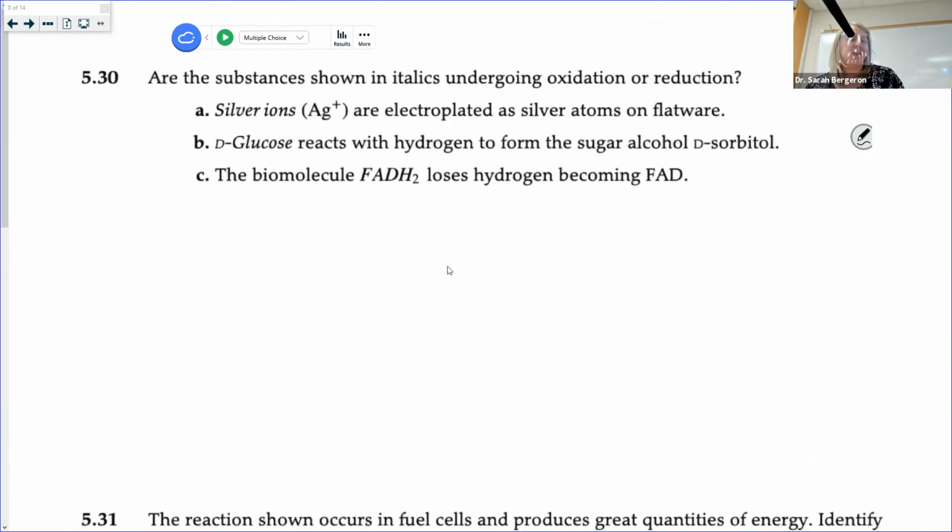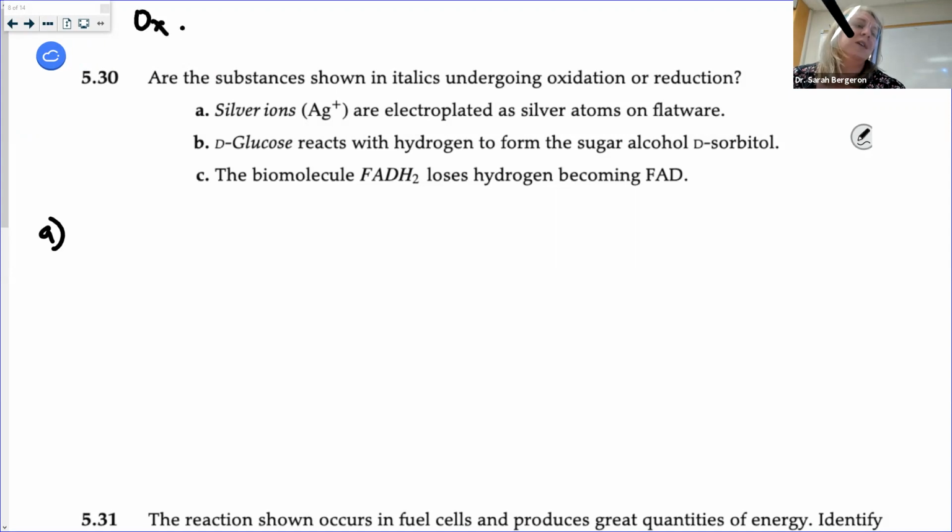Okay. All right. So we have to be able to look at substances and classify them. Are they undergoing oxidation or are they undergoing reduction? So let's look at them and then let's write. Do I have room to write at the top? Not really, but I can create some. So let's put our little thing at the top.